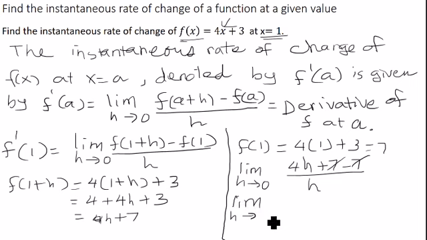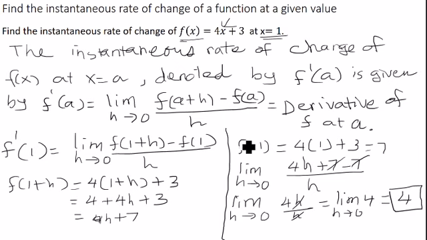Now we can cancel the h's, so it's going to be the limit as h goes to 0 of 4, and this 4 is independent of the limit value, so it's just going to be 4 because it's a constant, and that is the final answer. So the instantaneous rate of change of this function f of x equals 4x plus 3 at x equals 1 is going to be 4.